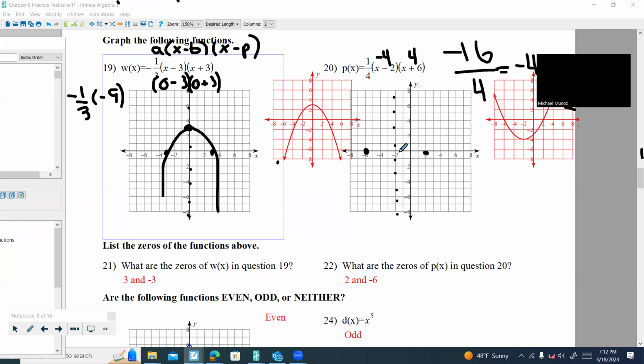So our vertex should be at negative 2, negative 4. And then this represents what we're going to multiply. So we know we're going up, and we already have our points here, so I can just draw my lines like so. This obviously doesn't look symmetrical, but that's okay.